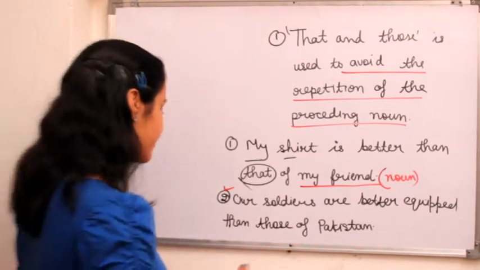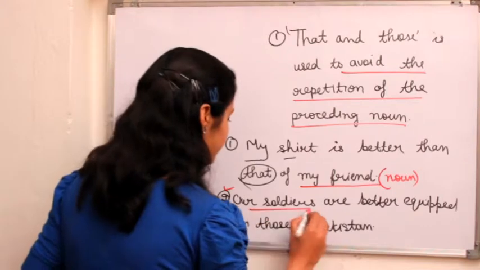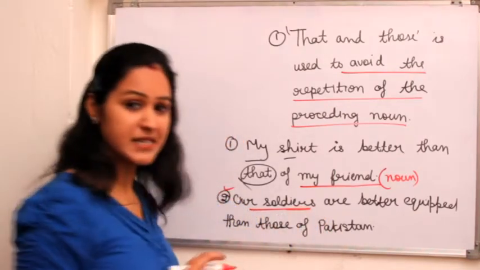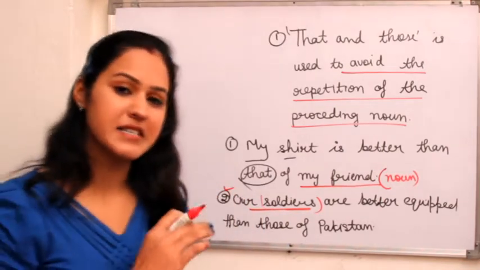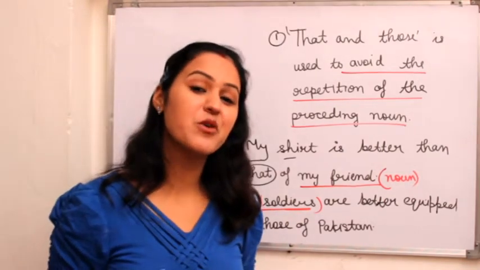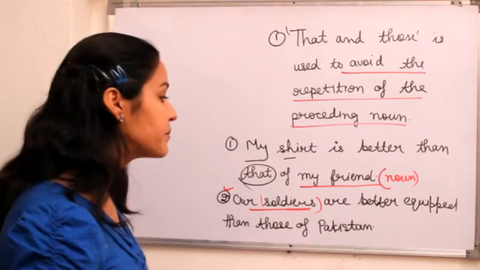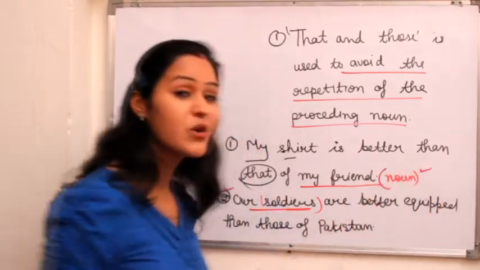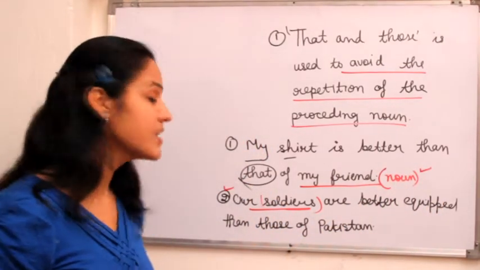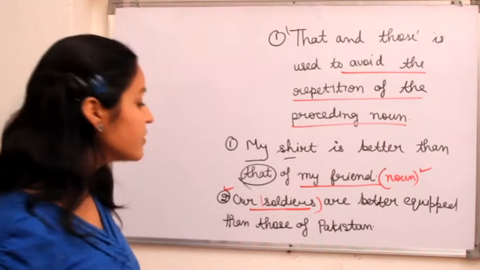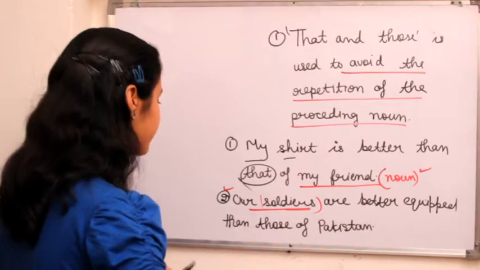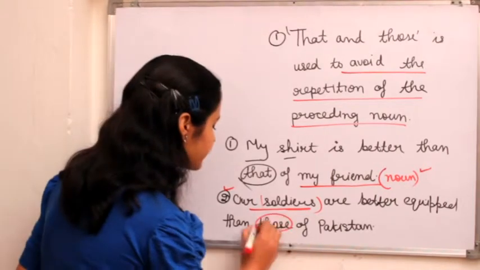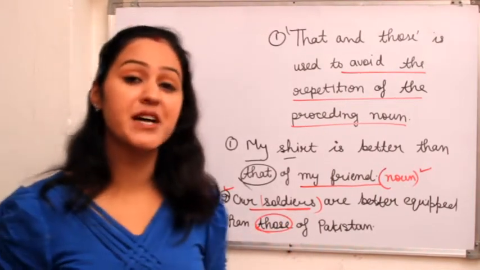So here soldiers are a group of persons. When we are talking about a group of persons, it is also a noun. It is a preceding noun, so our soldiers are better equipped, and I write here those. Why do I use those here?